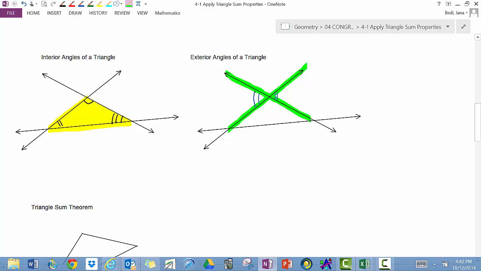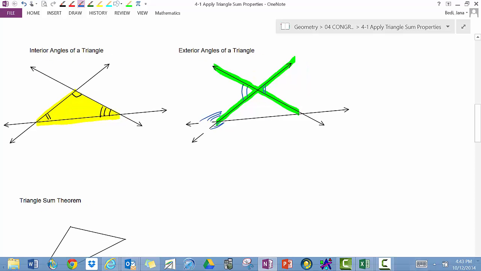Okay, so similarly we have this. So we have this angle and this vertical angle, they are exterior angles, and over here we have this one and these are all exterior angles, the angles marked in blue.